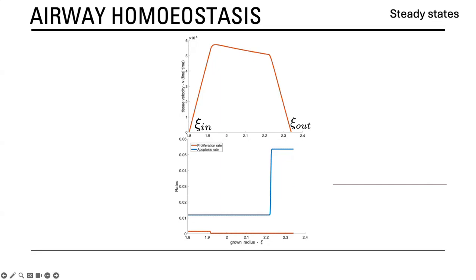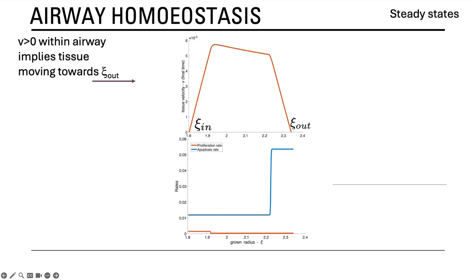let's take an actual example of a steady state. We have a velocity profile across the airway wall, looks like this at steady state. And for that particular steady state, our proliferation and apoptosis rates look like this. So you can see, of course, that here there's going to be effectively more death, and here effectively more proliferation potentially.